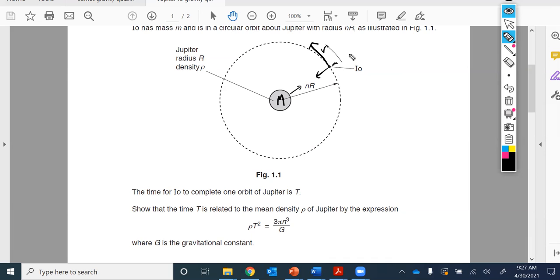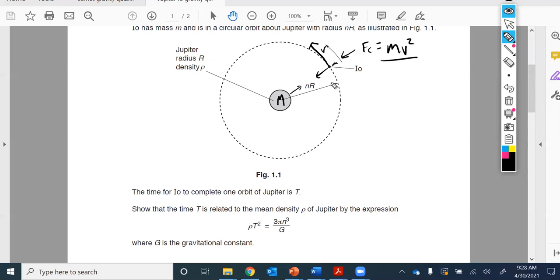In order for it to be in orbit, there must be a centripetal force, pushing it towards the center. That centripetal force is just telling us the direction towards the center of the circle. It's provided by this force that I just mentioned, gravity. So a centripetal force is this mass times its velocity squared over its radius from the thing it's orbiting.